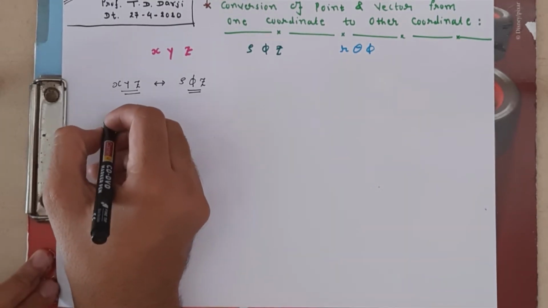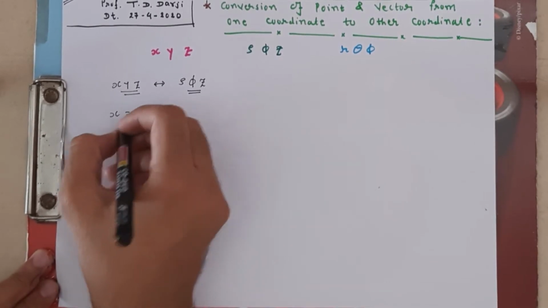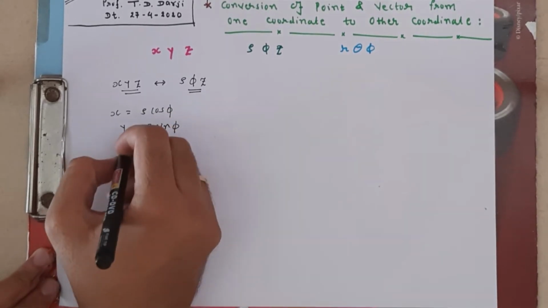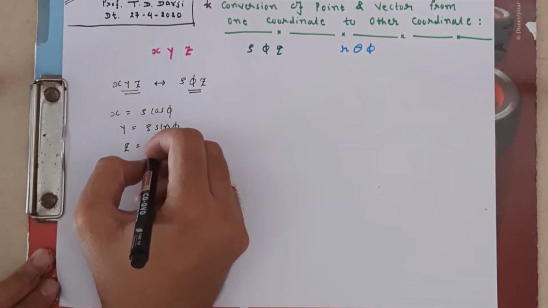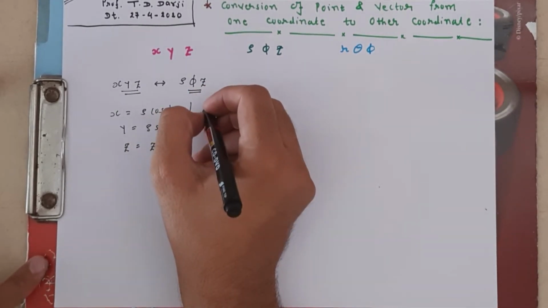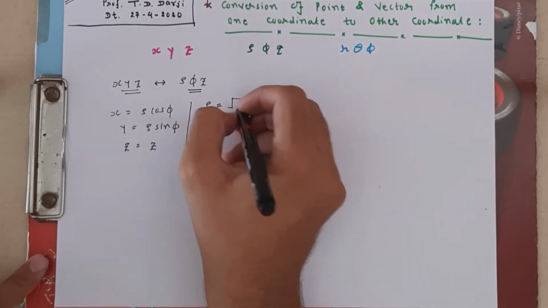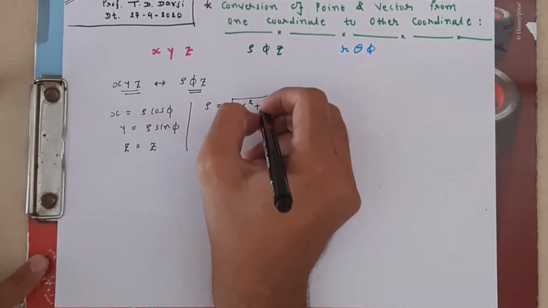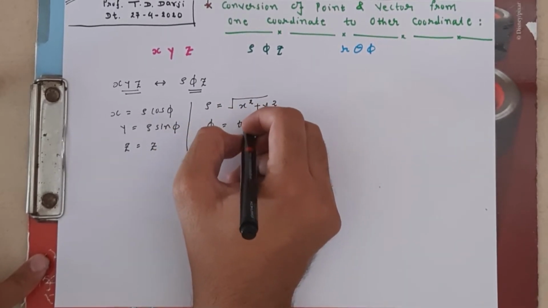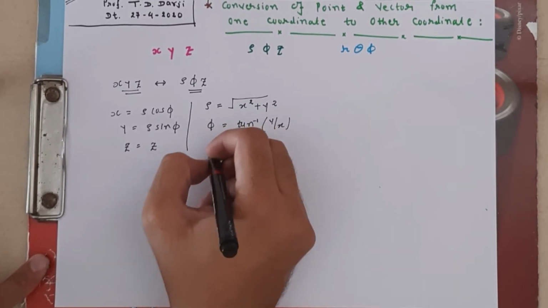What is x? x is equal to rho cos phi, y is equal to rho sin phi, and z is equal to z. Next, the cylindrical coordinate system in terms of the rectangular coordinate system: rho is equal to the square root of x squared plus y squared, phi is equal to tan inverse y by x, and z is equal to z.